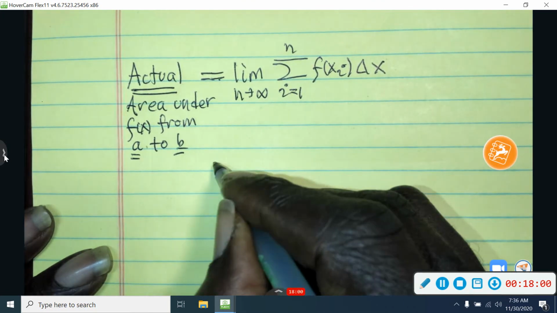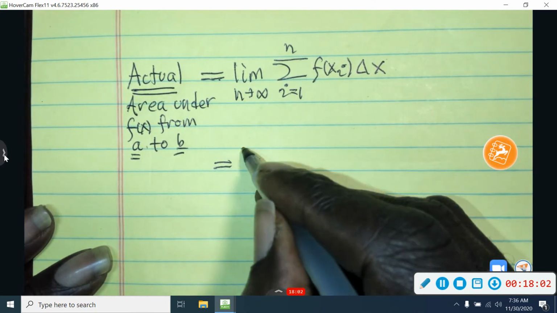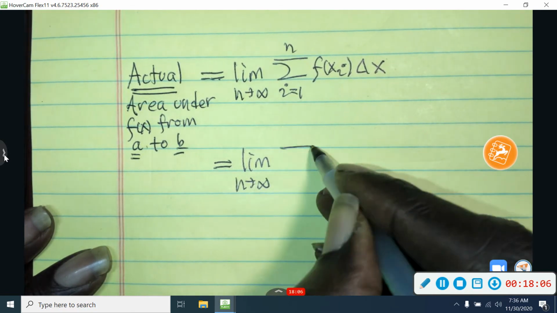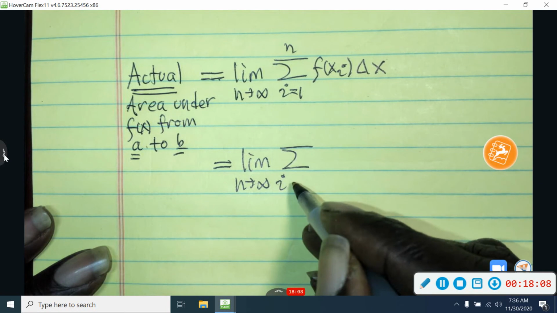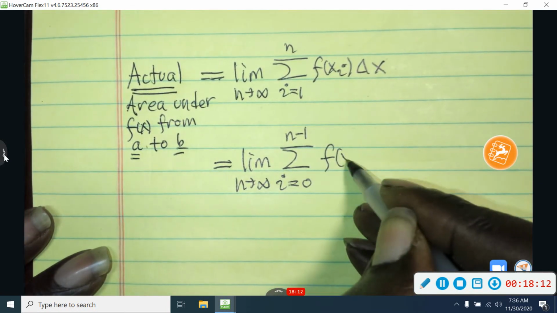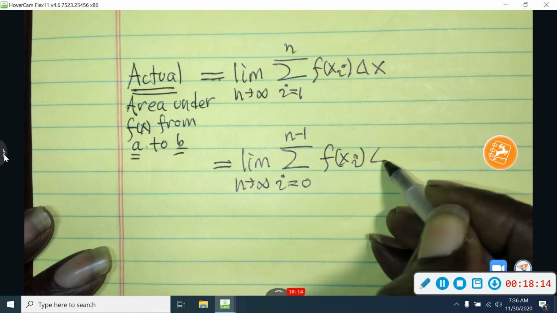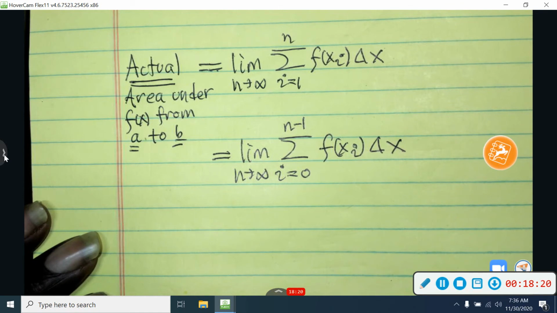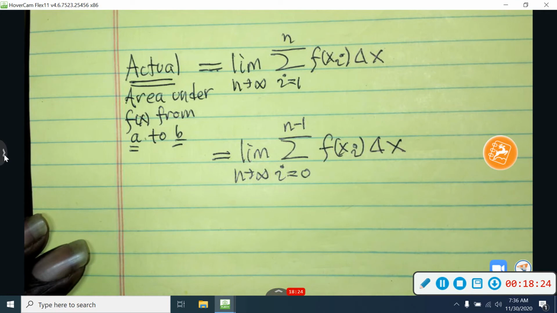But it'd also converge if you did it on the left. If we do it infinitely often on the left, now here the sum goes from 0 to n minus 1 of f of xi times the change in x. They both will hit the area, one from above and one from below. Remember, one's an overestimate, one's an underestimate each time.